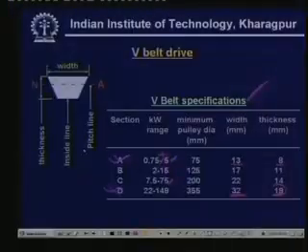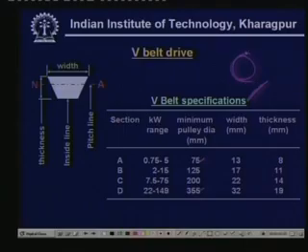So, once again if we look into this one, then you find that in the belt specification some other things are also mentioned, that is the minimum pulley diameter is 75 mm, 125, 200 and 355. What is happening basically, you know, is that when it is passing over a pulley, it has to bend a lot, isn't it?